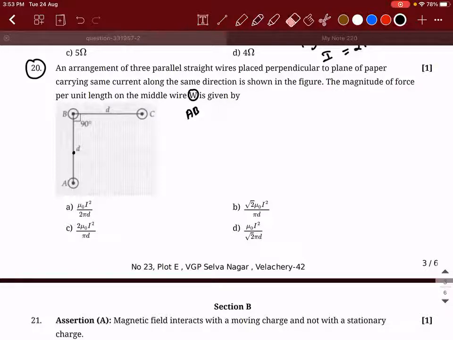Actually, there is a mistake in this diagram. The conductors are out of the plane. This is the conductor. A, B, C are there, right? There is a dot with a circle around it, which means the conductor is actually coming towards you.